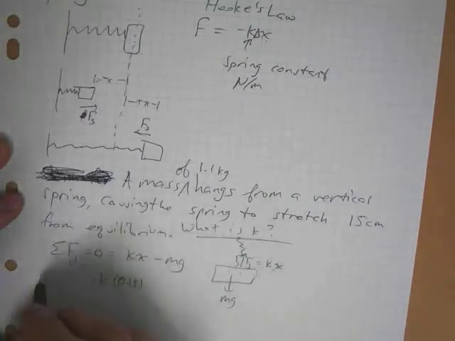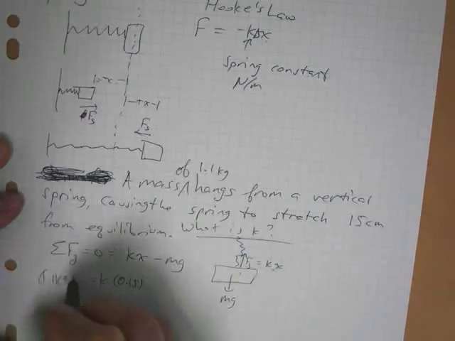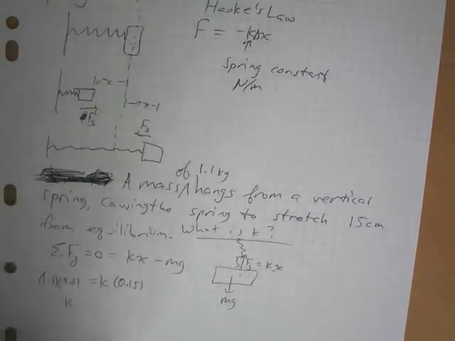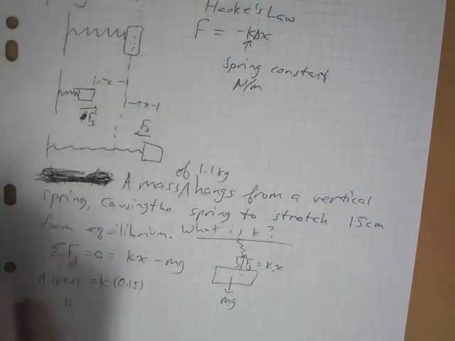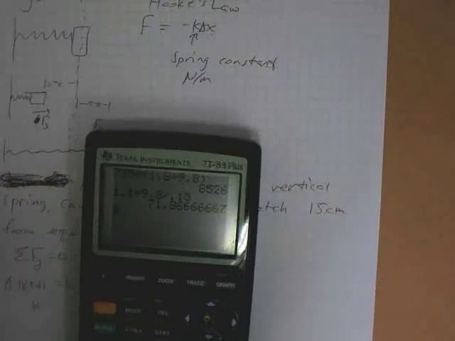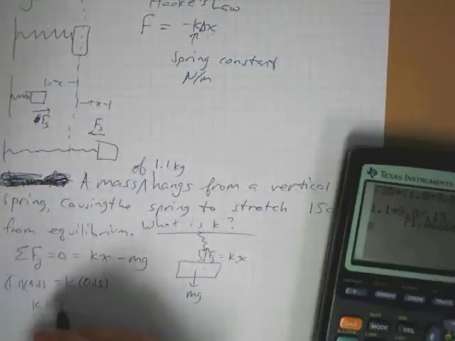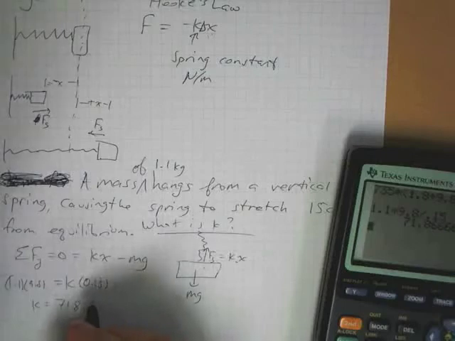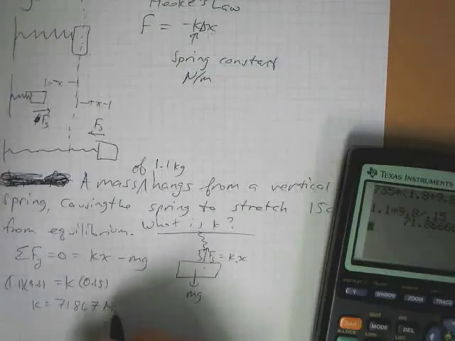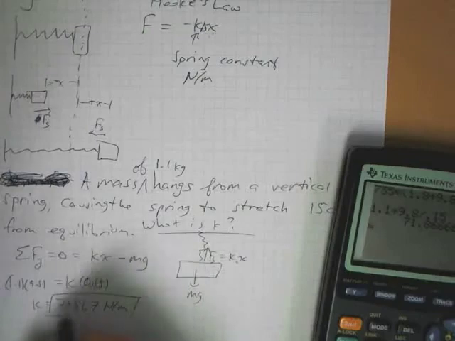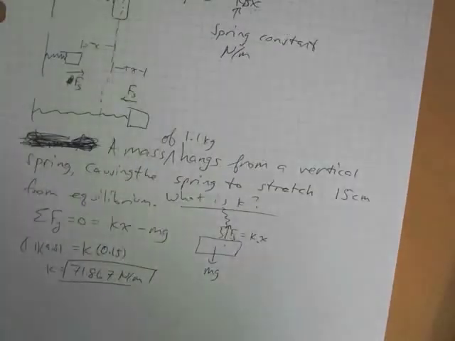So plugging that in, 1.1 times 9.8 over 0.15 gives us a spring constant of 71.866666 repeating, call that 71.867 newtons per meter. Right? It's a pretty simple application of our problem.